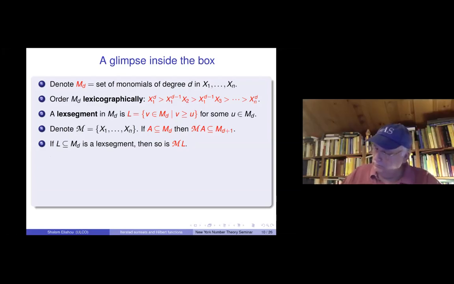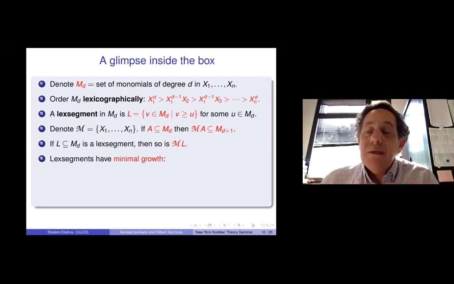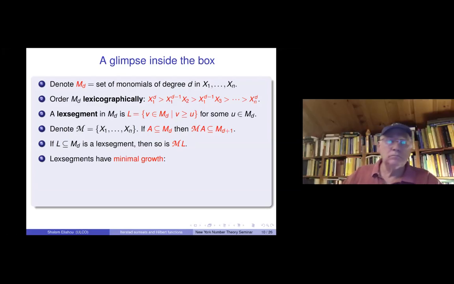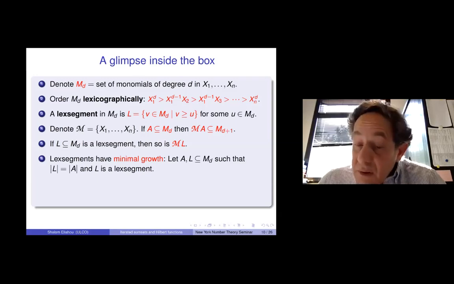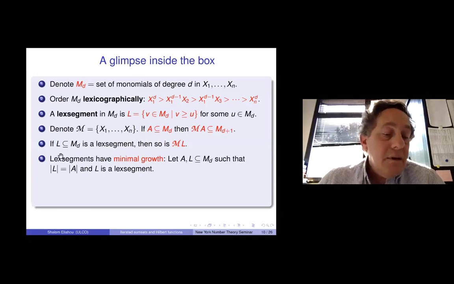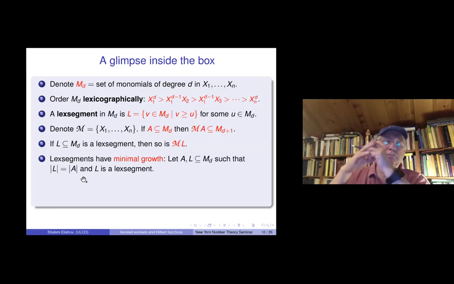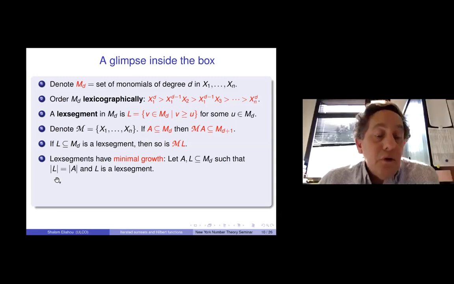And now, this is the key point in Macaulay's theorem. Lex segments have minimal growth. What does it mean? It means that if you take A and L, two subsets of monomials, A arbitrary, but L a lex segment, and assume they have the same cardinality. So in fact, you start with A, you compute the cardinality, and you take the lex segment with that cardinality.